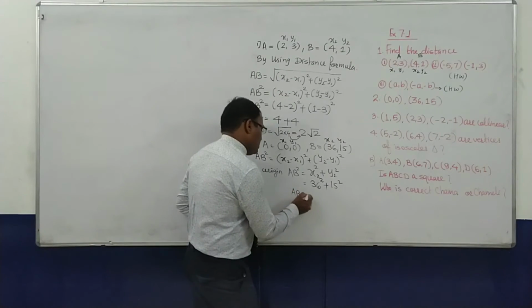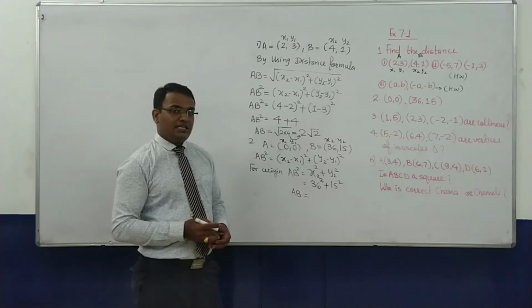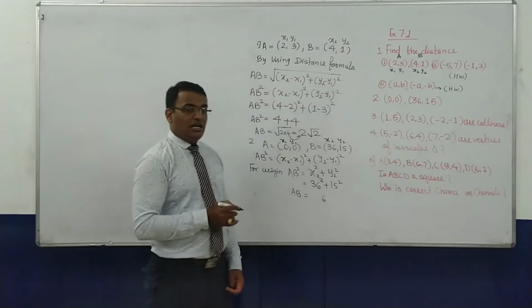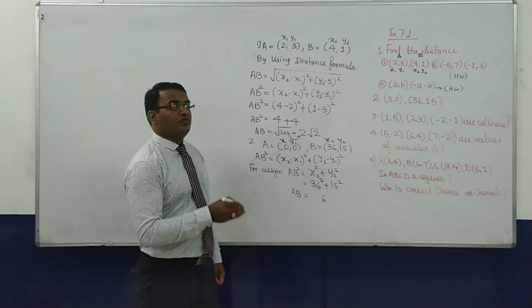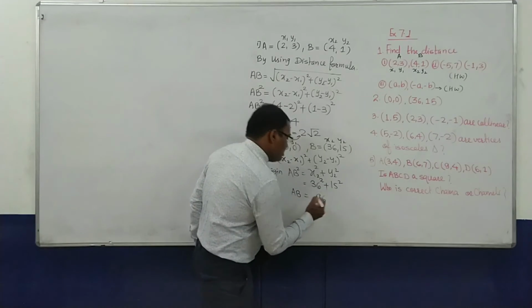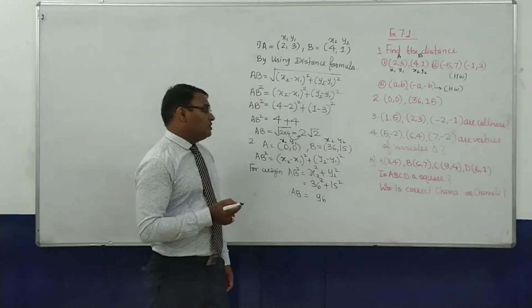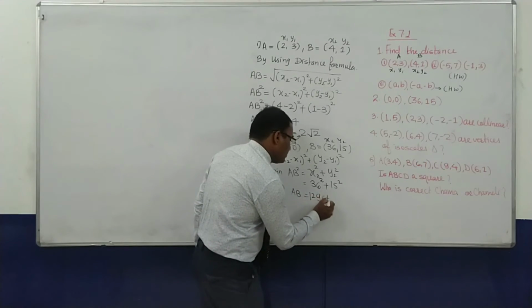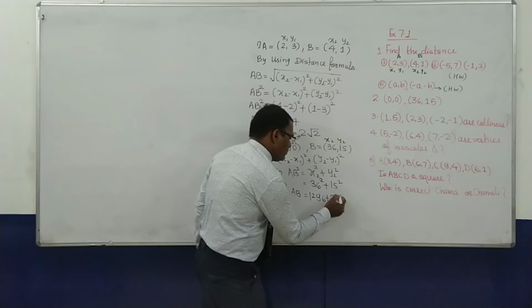And AB will be equal to, what is square of 36? 6 6s are 36, 3 carry, 6 3s are 18, double of 18 is 36, 36 and 3 is 39, again 3 carry, 3 3s are 9, 9 plus 3 is 12. Then 15 square is 225.